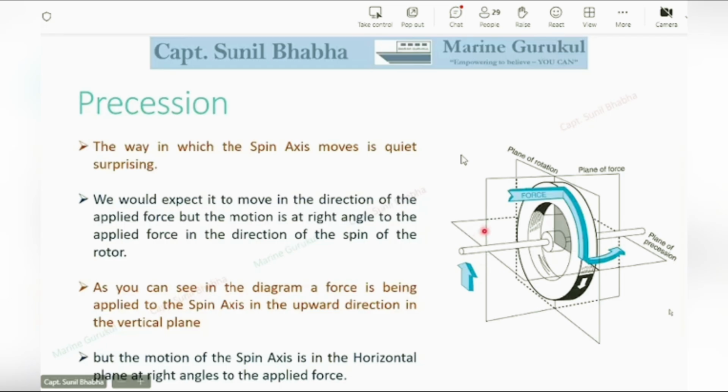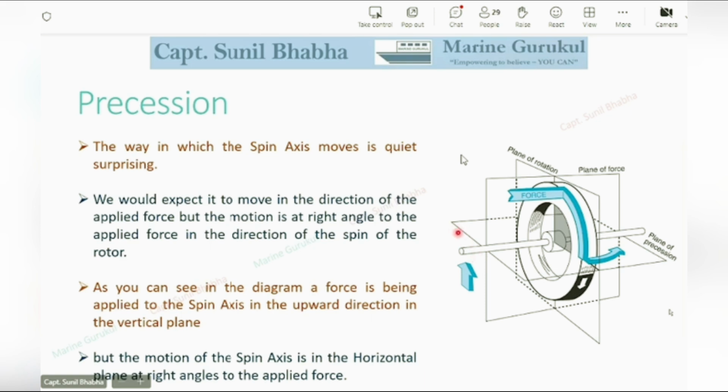What the spin axis is going to do is, see, it is rotating clockwise. So it will move in such a way as if this force has been turned by 90 degrees in the direction of spin. So if it was being applied in this particular way, the rotor is moving clockwise. It will move as if the force has been turned 90 degrees and it is being applied in this particular direction, like this.